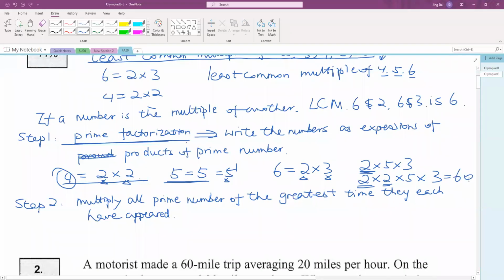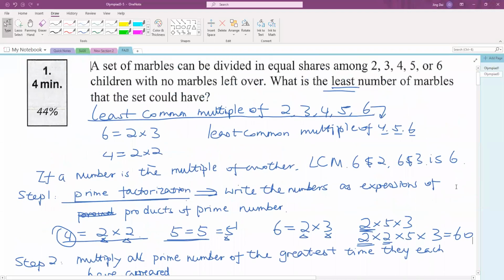So any questions? Let's check if 60 is really divisible by all of them, and also, is that the least number of marbles that the set can have? Step number one, we check if 60 is divisible by all of these 5 numbers. That is definitely true, right? Then step 2, can a number that's smaller than 60 work?